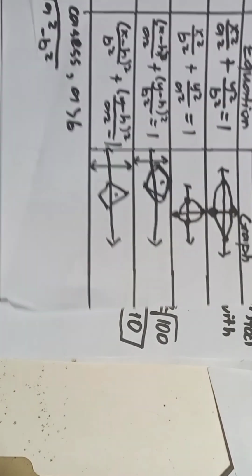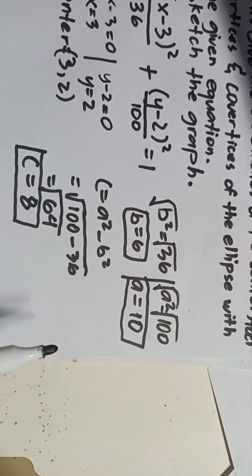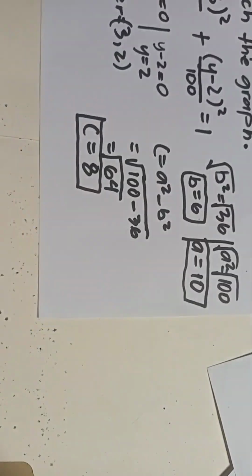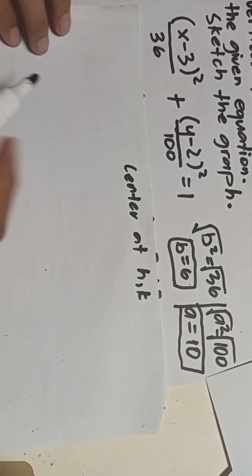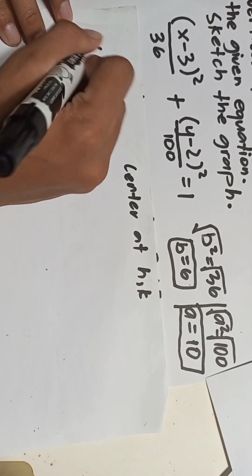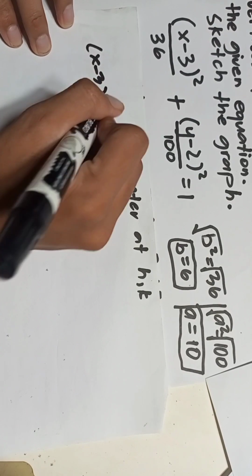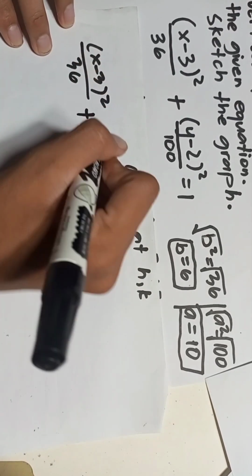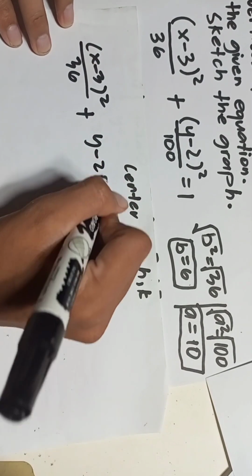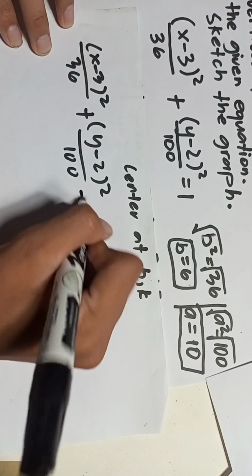So remember, our expected graph is just like this. The example given is x minus 3 squared over 36 plus y minus 2 squared over 100 is equal to 1.